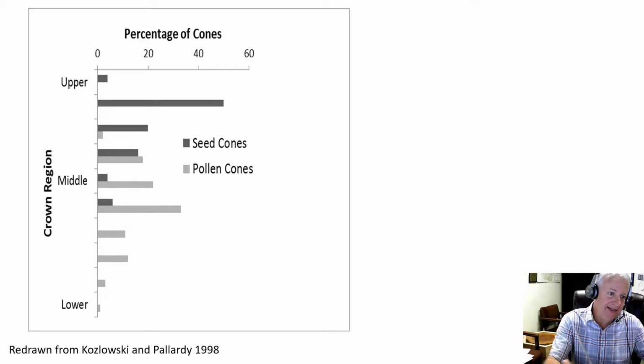So in conifers, for instance, you'll see that the ovulate strobili tend to be distributed more towards the top of the crown, and the pollen cones or staminate strobili tend to be distributed more towards the lower part of the crown.